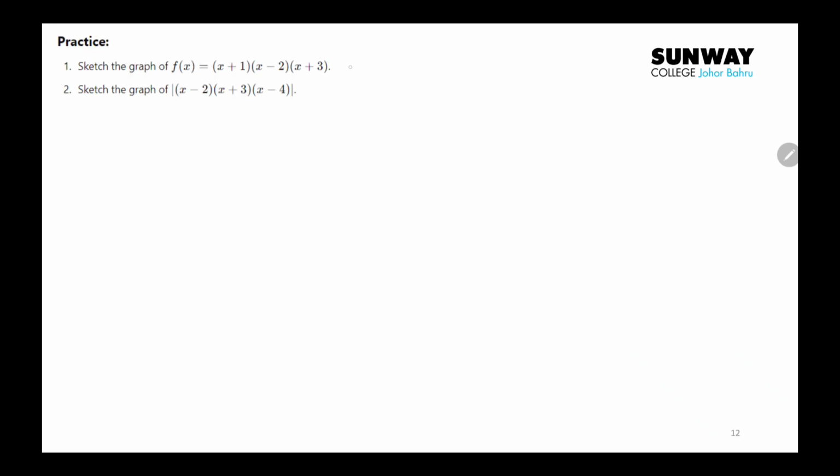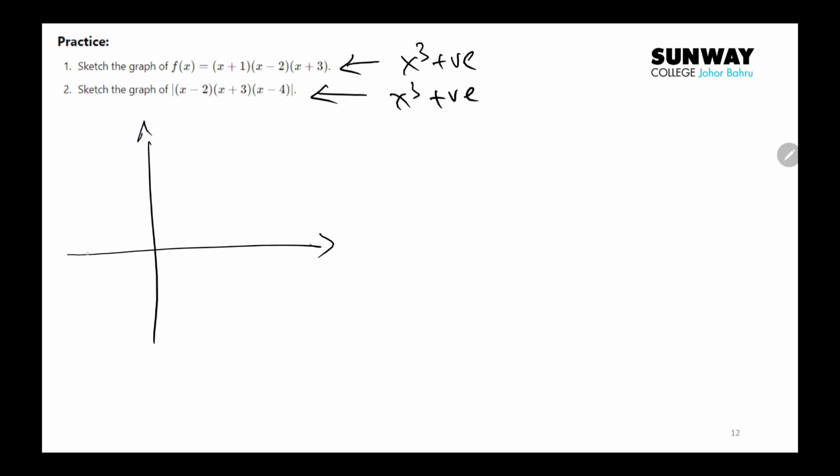Now, similarly, again, we realize that x to the power of 3 is positive. We can determine the x-intercepts. In this case, it's -3, -1, and 2 for the first question.